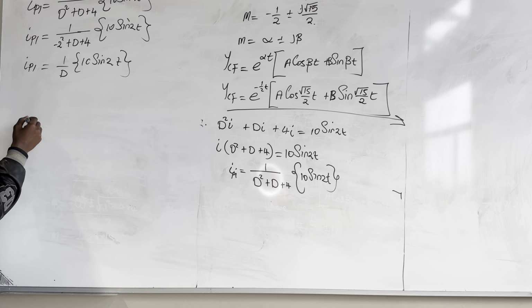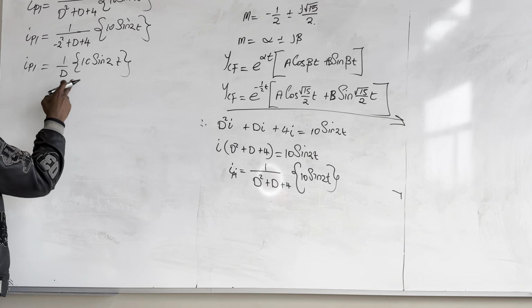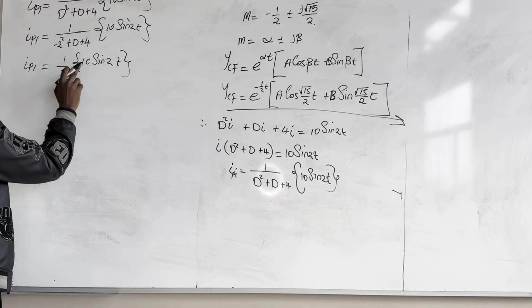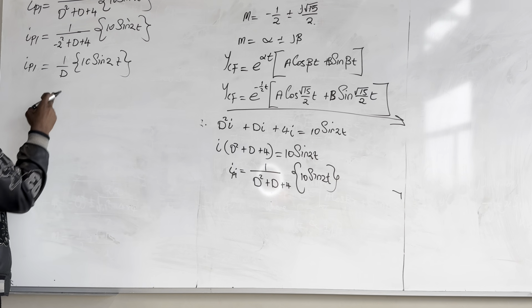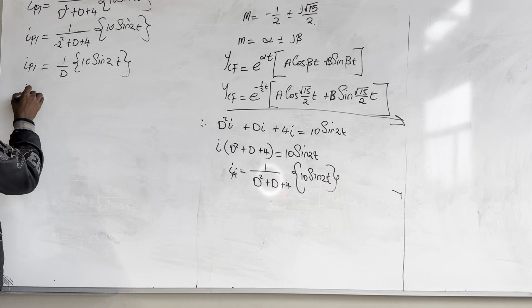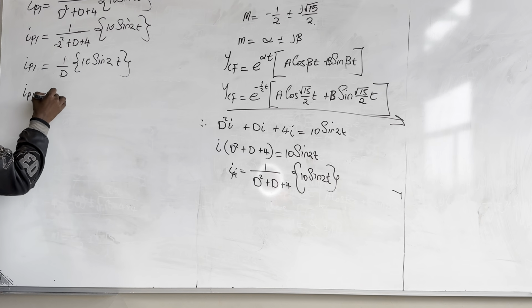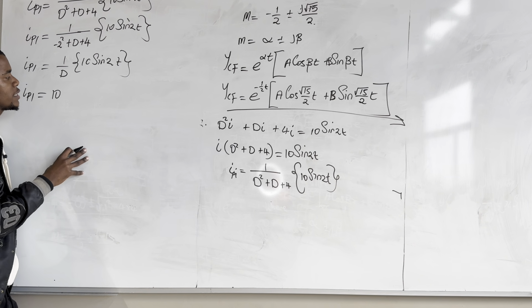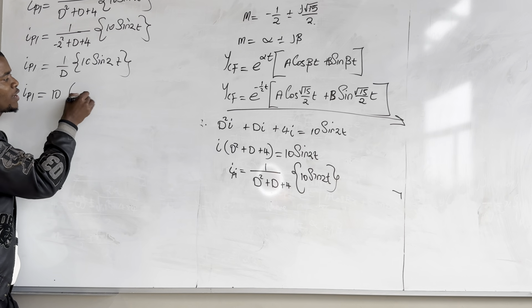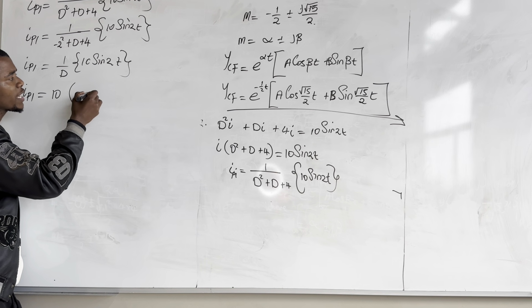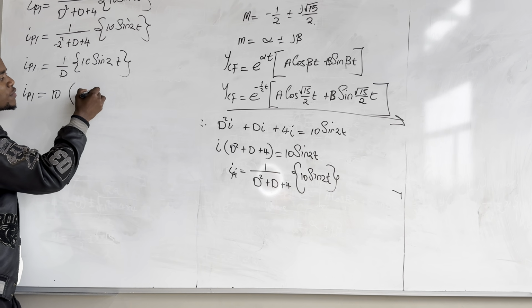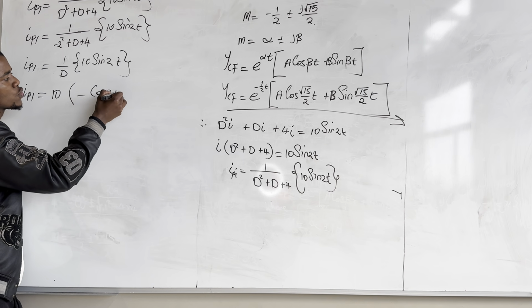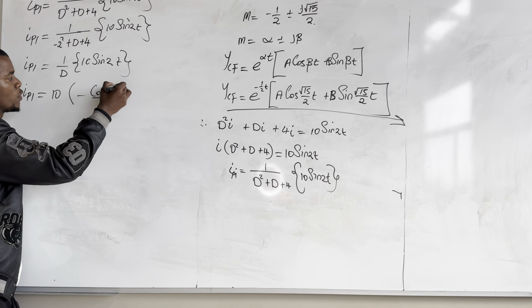Okay, so we find the integral of sine 2t. We take this 10 outside because 10 is a constant, so we can just do that. So the 10 is outside, and then we integrate sine. So if we integrate sine, we will have what? We will have a negative of cos 2t all over 2.